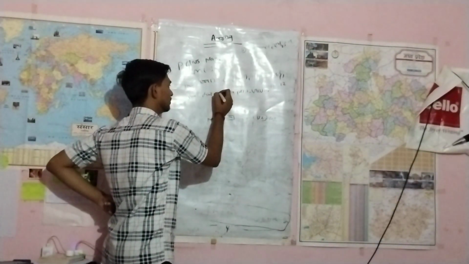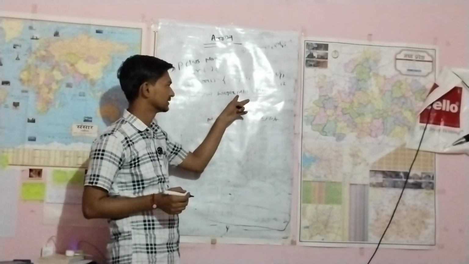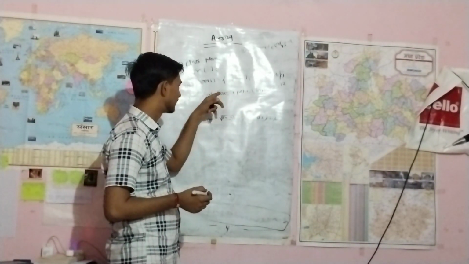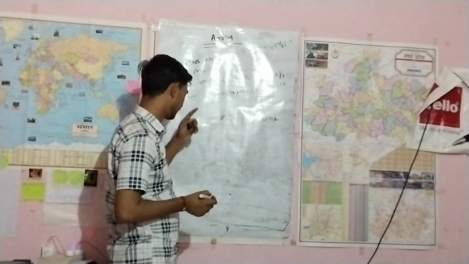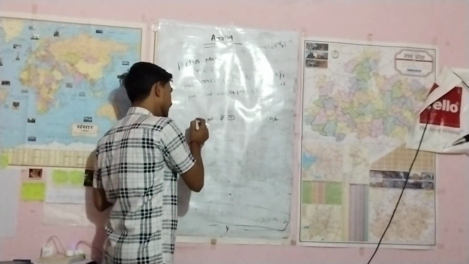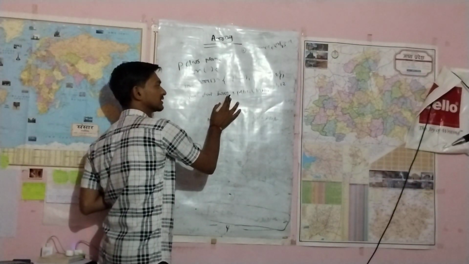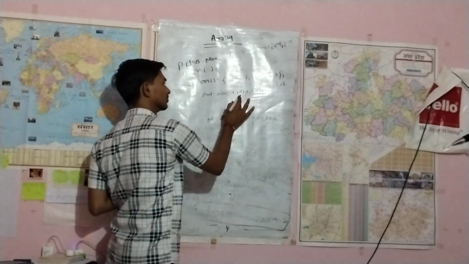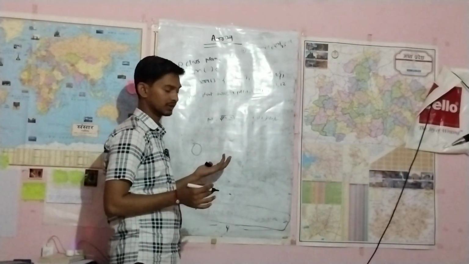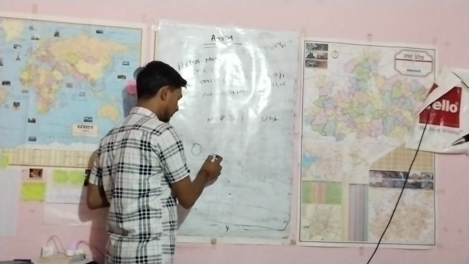So by doing this, you take the first element as the smallest value of this data type. Integer's minimum value, and what is the minimum? Minus 2 to the power 31.